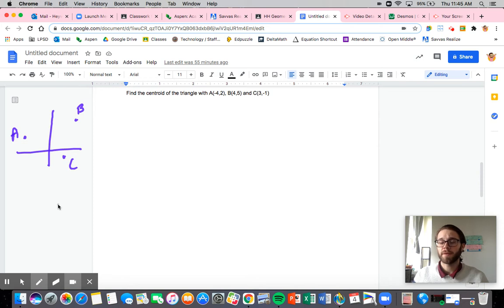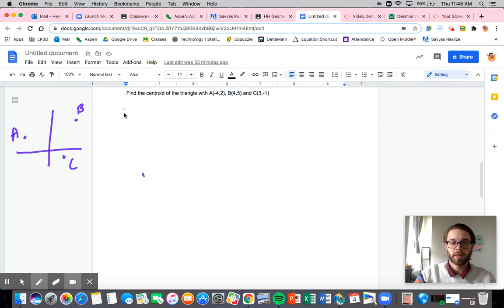So my first recommendation is to find the midpoints. It doesn't take very long, and you can usually save yourself a lot of time, even if it requires you to find all 3 midpoints, if you just pick the easiest ones. What you're going to want to look for is whether the midpoint and the vertex that the segment would go through share any coordinates.